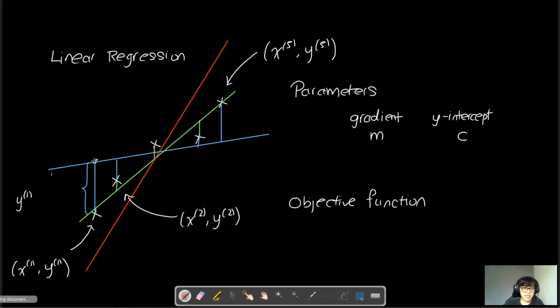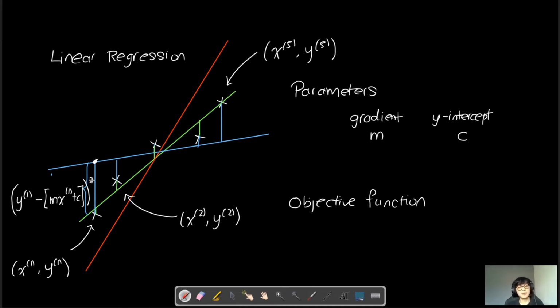And this particular value, we also know: if we know m and c for this particular blue line, then this point is essentially mx1 plus c. Now, what we have to do is make sure that this can never become negative. So one trick that we can do is just square this thing.